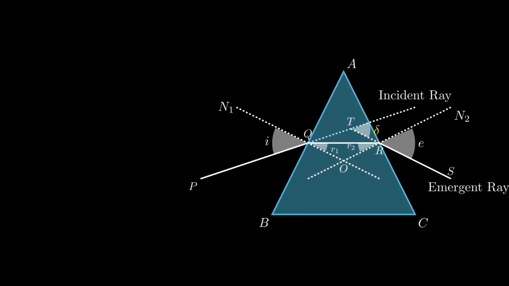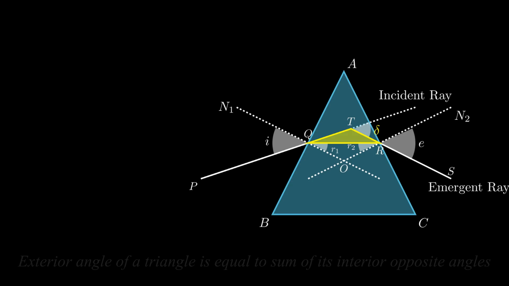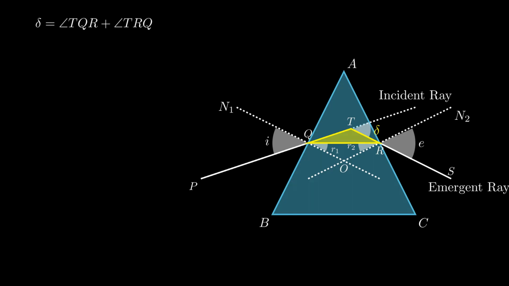This is the angle that we are looking for. In order to find this angle, first we consider triangle TQR. Angle delta is exterior to triangle TQR. Thus, it should be equal to the sum of the two interior angles, angle TQR and angle TRQ.